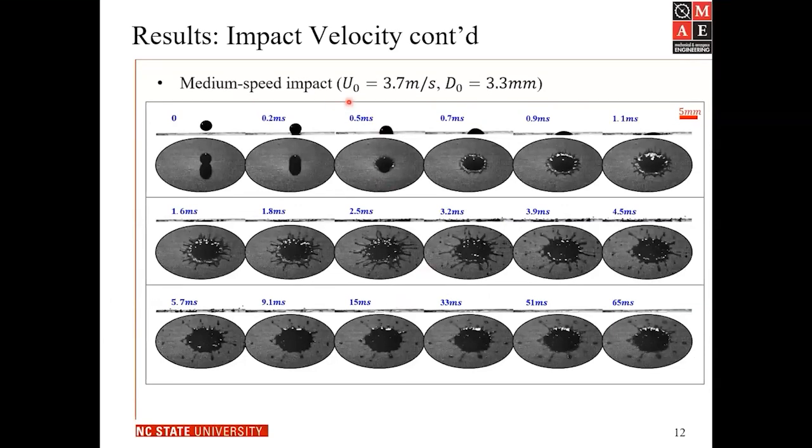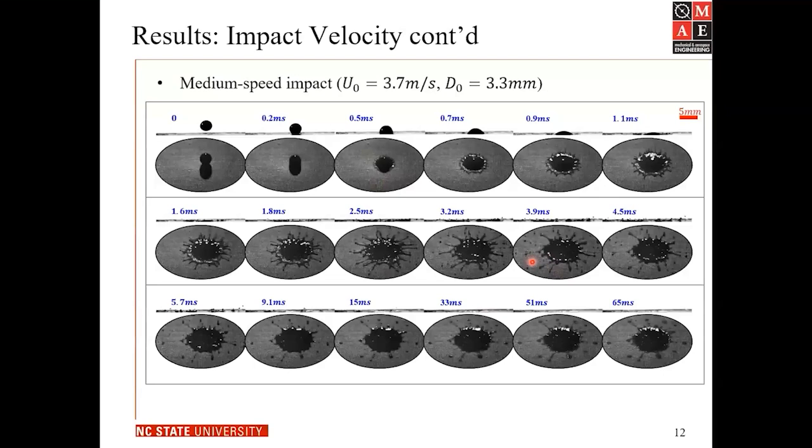However, when we go to a higher speed, which we call medium speed impact, we see a significant amount of splashing, and a lot of fingers form during the spreading process. These fingers can be pretty strong. Some fingers break up into small droplets, and some fingers retract back by the surface tension and combine with the main stain.